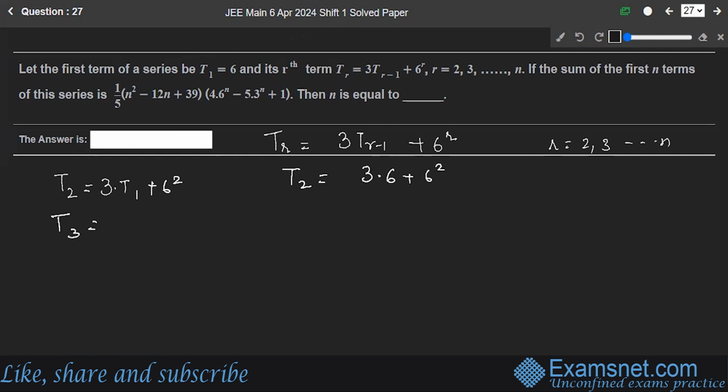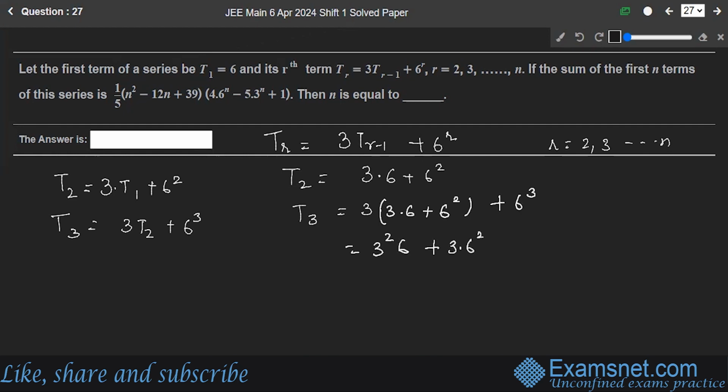Next, similarly, T3 can be written as 3T2 plus 6 cube, or T3 will be written as 3 into T2, which is 3 into 3 into 6, plus 6 square, plus 6 cube. So this will be 3 square 6 plus 3 into 6 square plus 6 cube. Similarly, you will solve for T4 and so on.